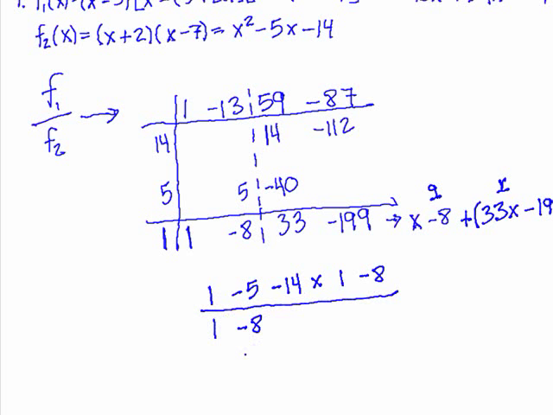And negative 5 times 1 is negative 5. Negative 5 times negative 8 would be positive 40. Negative 14 times 1 would be negative 14. And negative 14 times negative 8 is 112.